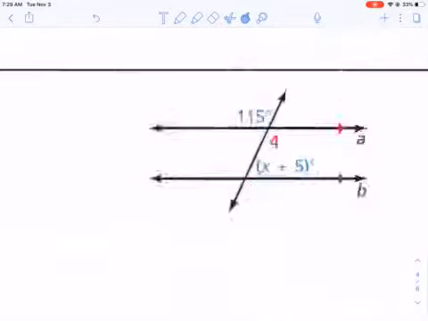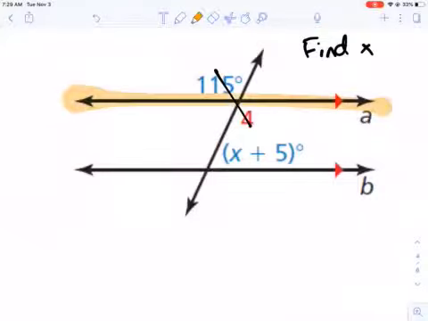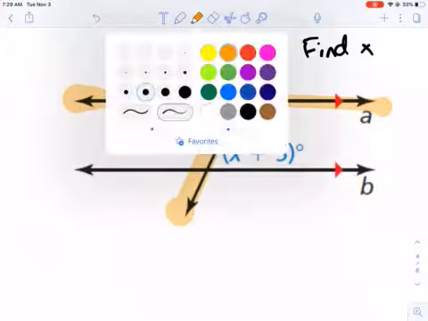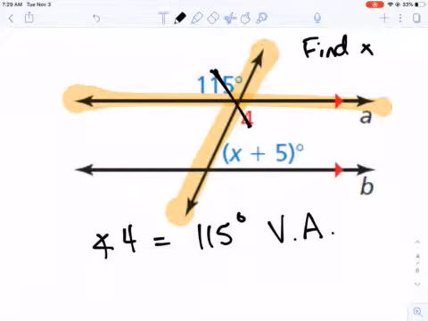Okay, here we go. Let's look at this one. I need to find x. Okay, well, what do we know? Oh, these two are vertical angles because I can draw two lines and they're across from each other. So that means angle 4 is 115 degrees, and that's by vertical angles.